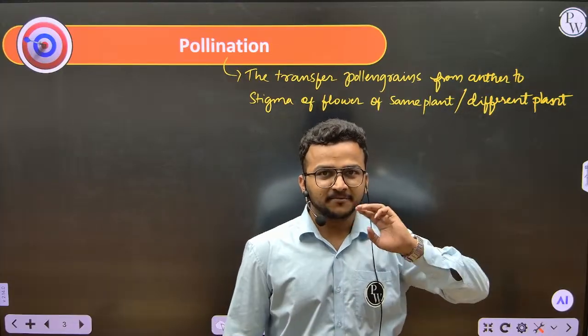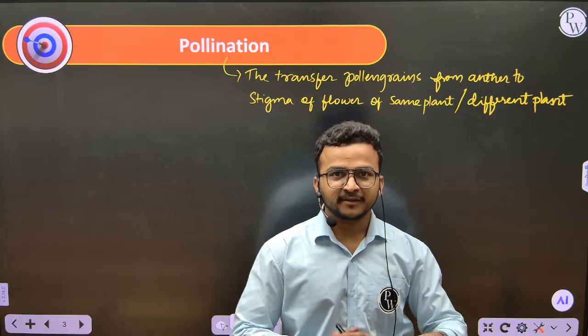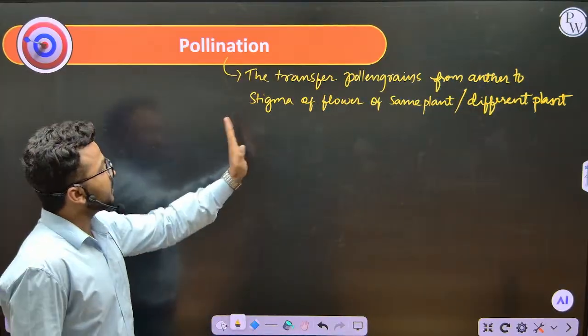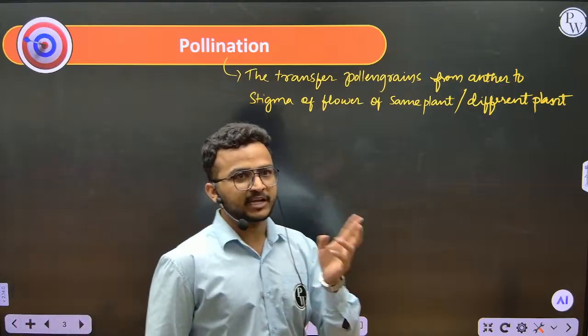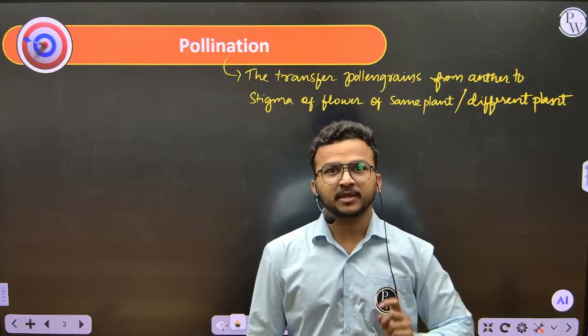So don't get confused that I am using same and different plant, flower, species and all. I will give clarity later. So it is nothing but pollination. In that pollination, there are three types based on the source of pollen grain, where it is coming from.